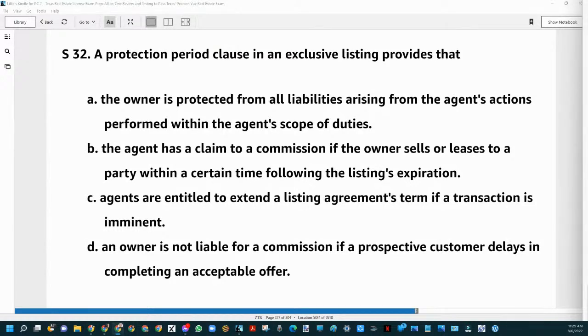And if somebody ends up leasing it or they sell it to them, then we are due the commission because we did our specific performance. So B, the agent has a claim to a commission if the owner sells or leases to a party within a certain time following the listing expiration date. That is the protection period clause. Very good.